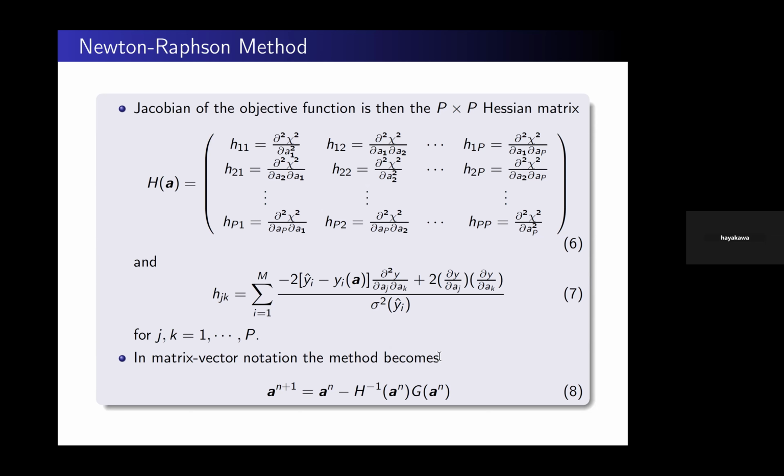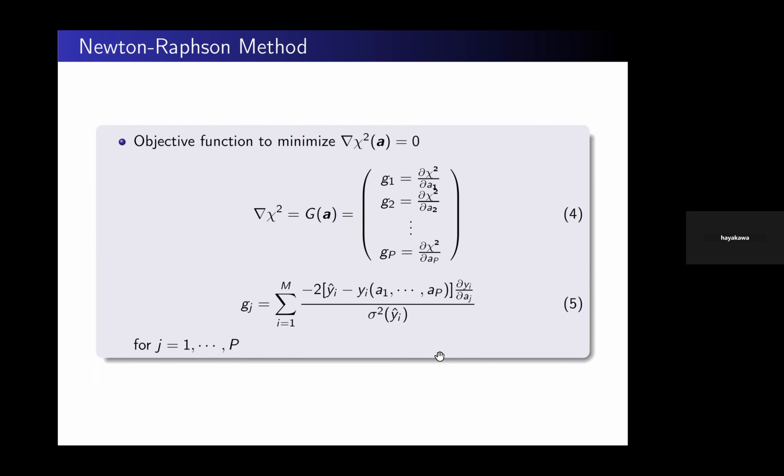Oh, yes. Can we use the first, or would that be easier? Yeah, it would be easier, but we're the objective function, so the f in the Newton-Raphson is the gradient. See, we're trying to find where that gradient is zero.